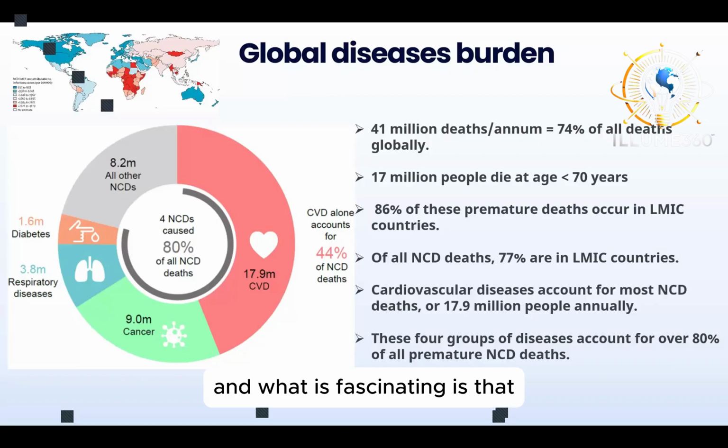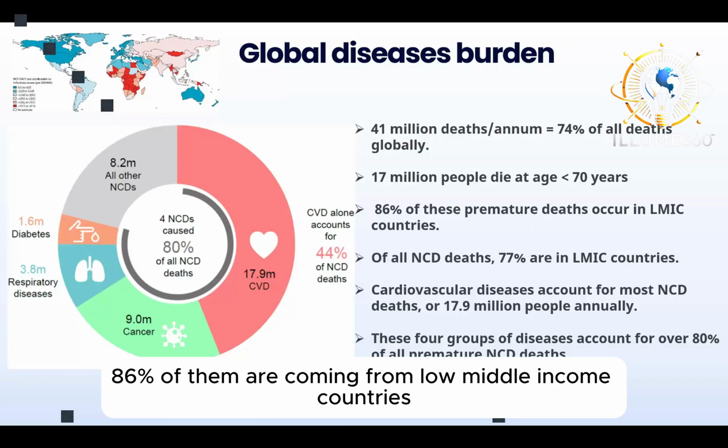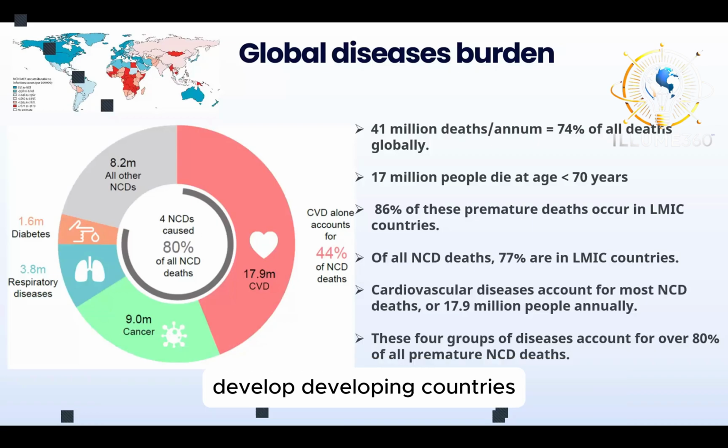And what is fascinating is that of the 17 million people who are dying from lifestyle diseases below age 70, 86% are coming from low and middle income countries, developing countries. So Africa is involved, certain parts of Asia and Latin America are involved.